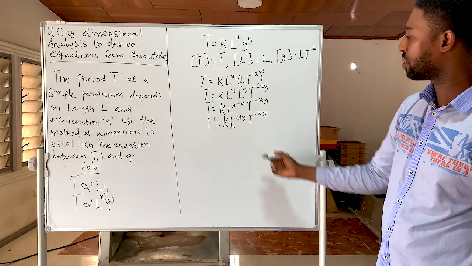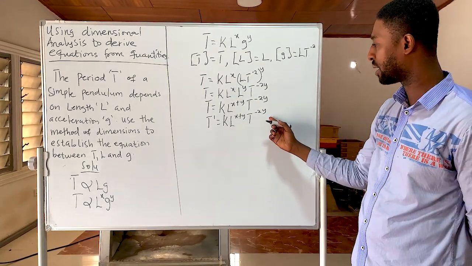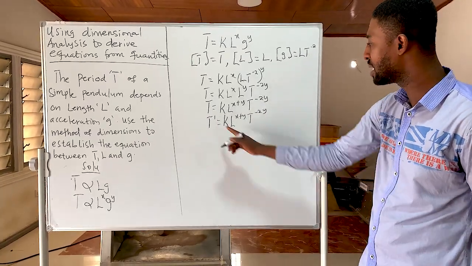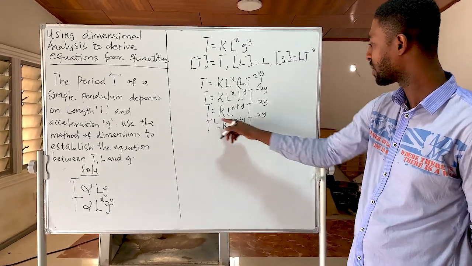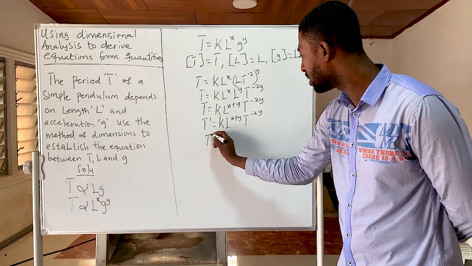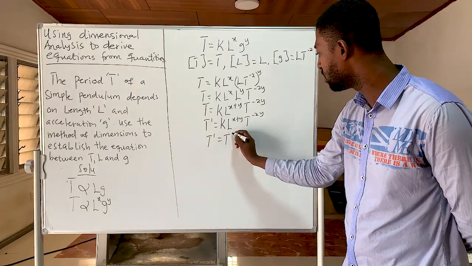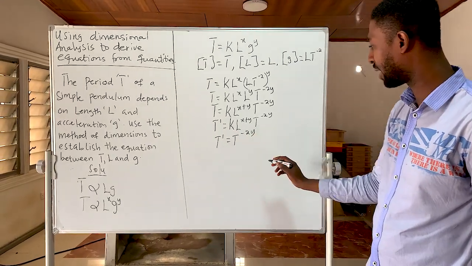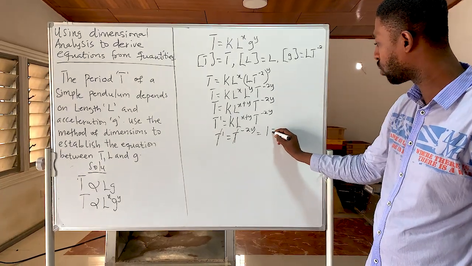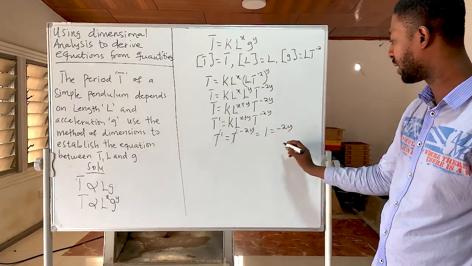To find the powers x and y, we need to equate to the left hand side. So T^1 equals T^-2y. This T cancels this T, and I have 1 equal to -2y.